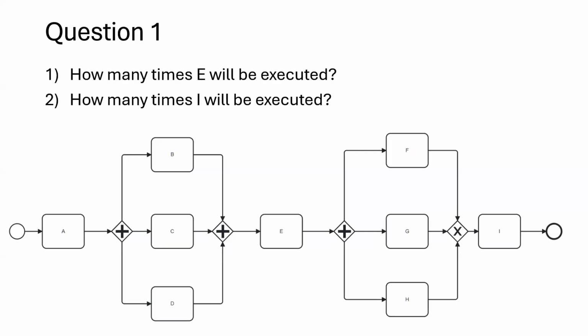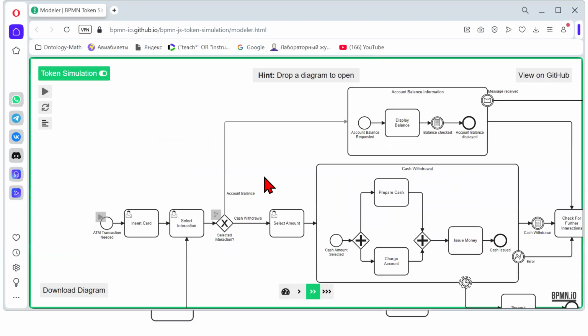I'm just going to share it once more. Go to this link, and once you click on it, it should open this model that we have just seen, the cash withdrawal process, right?